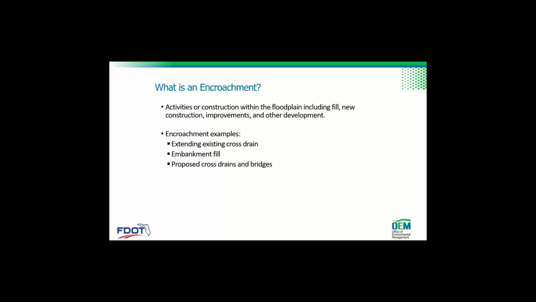So what is an encroachment to a floodplain? Any activity or construction within the floodplain, including fill, new construction, improvements, and other development. Encroachment examples are extending existing cross drains, embankment fill, or proposed cross drains and bridges.